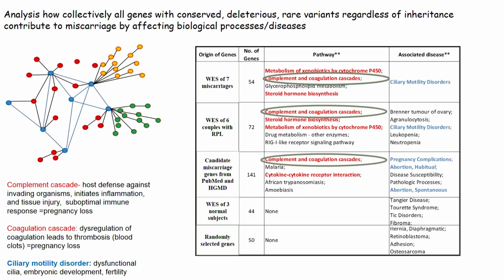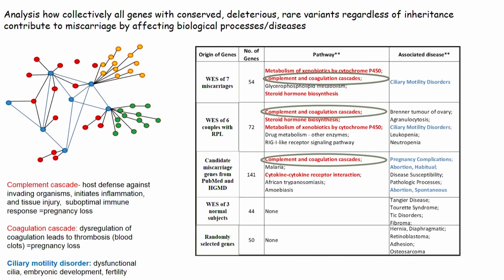So the first line would be genes from the miscarriages, genes from the couples, and the enrichment is the same. And the disease association, again, the enriched disease is ciliary motility disorder. It's not surprising that they are almost the same, because this was not based on the inheritance, but any variant that was deleterious, conserved, and rare was considered in this bioinformatic analysis.